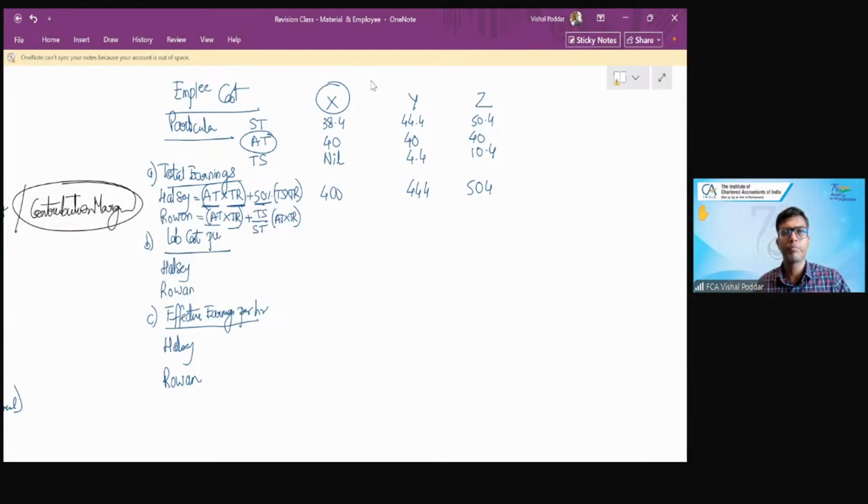Give me Rowan. Give me Rowan, students. Ishant is saying, sir, I got 4660.